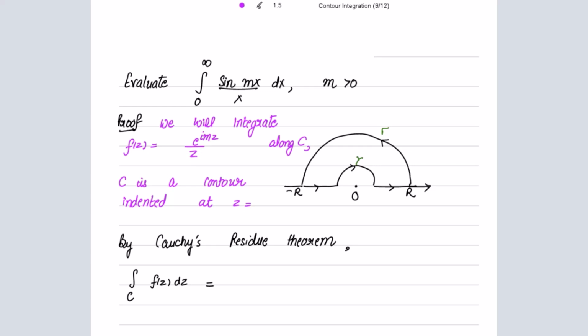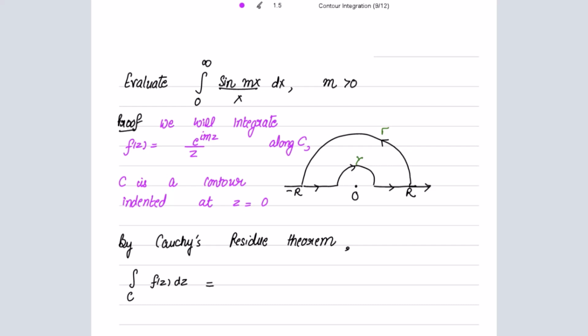So we will integrate this function along C, where C is the contour which is indented at z equal to 0, because if you put the denominator equal to 0, you get z equal to 0, only one point on the real axis. So C is the contour indented at z equal to 0.